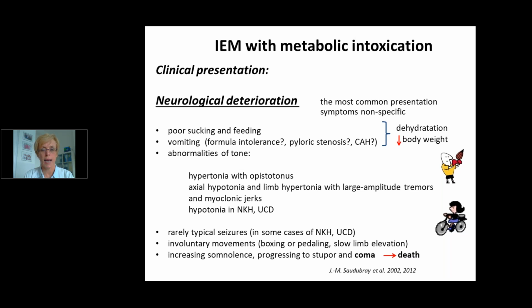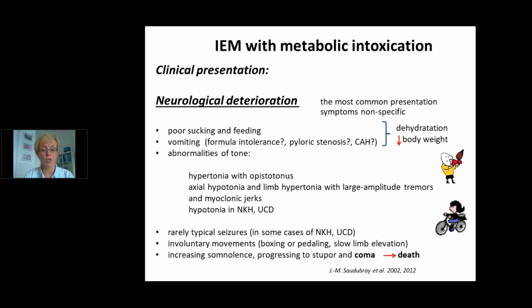They may show poor sucking and feeding, they may vomit, and we may wrongly think that this is maybe formula intolerance or pyloric stenosis. They may have quite a big variety of abnormalities of tone, with hypertony or axial hypotony. There are rarely typical seizures, but they are of course possible in, for example, non-ketotic hyperglycinemia or urea cycle disease.